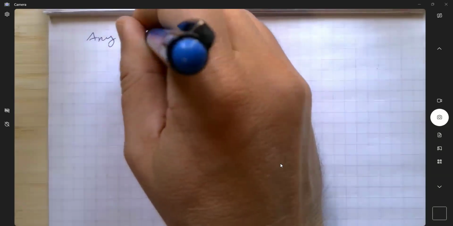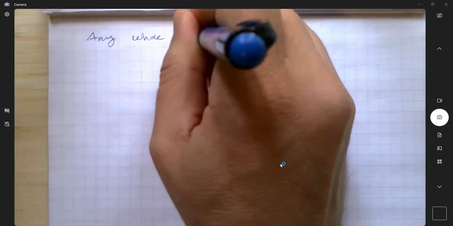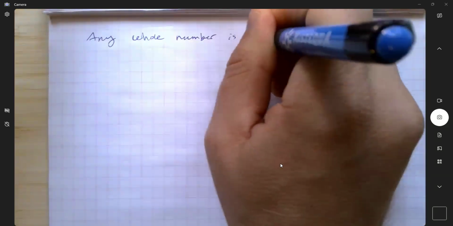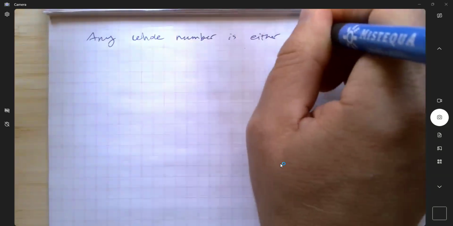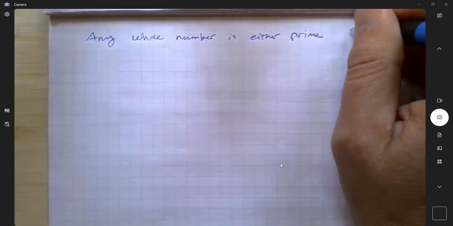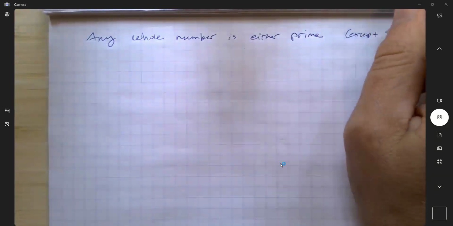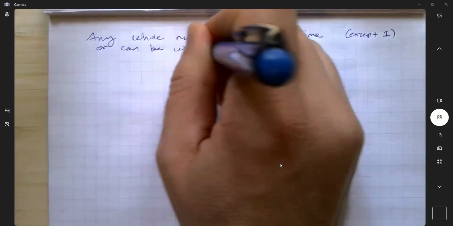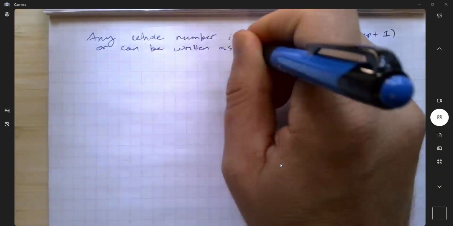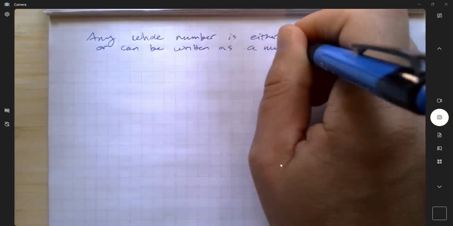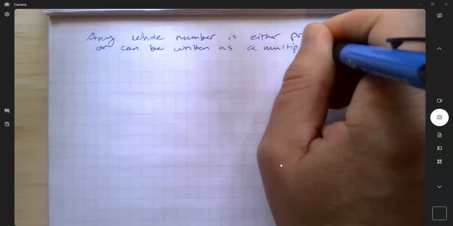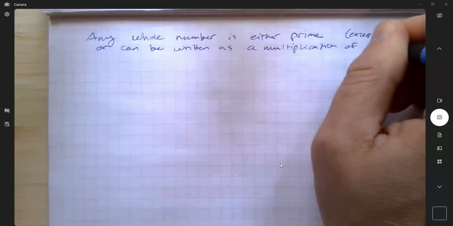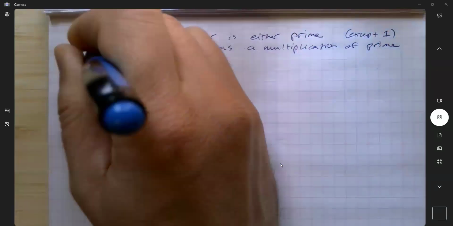Any whole number is either prime, again, except 1, or can be written as a multiplication of prime numbers.